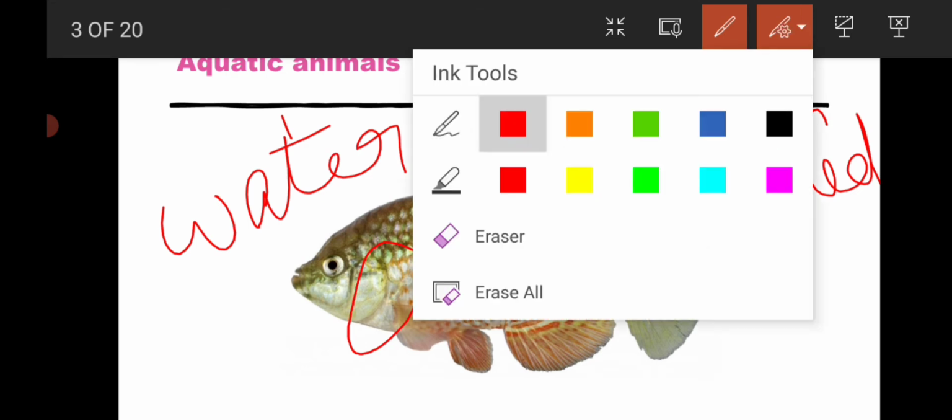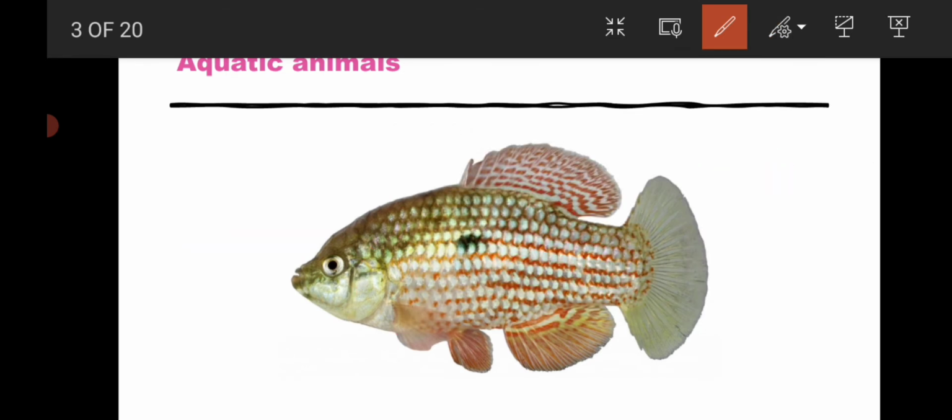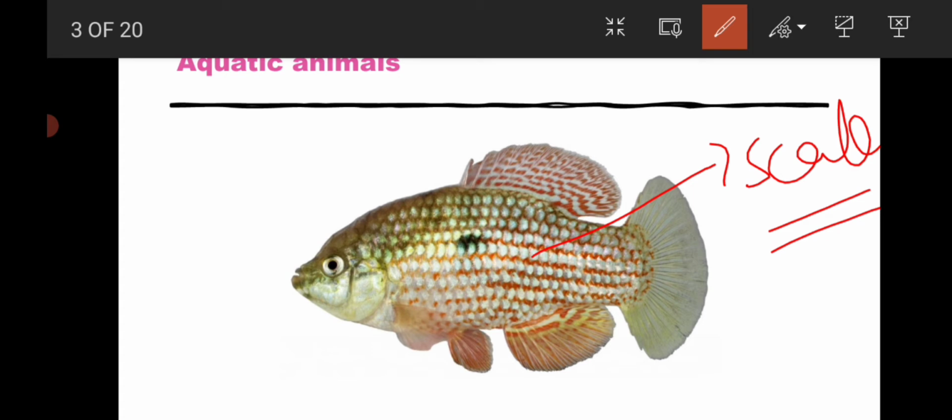Then apart from this, what are the special features they have? They have scales throughout the skin. These scales protect their skin from coming in contact with water. So they act as a waterproof for the fish skin.